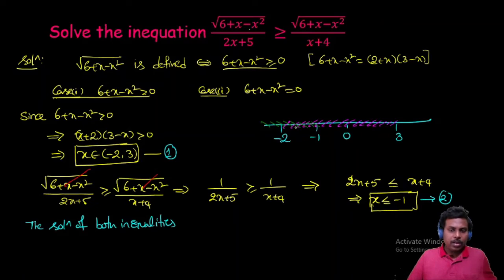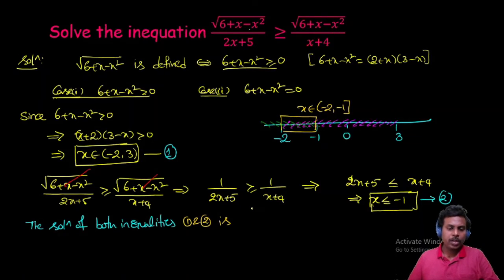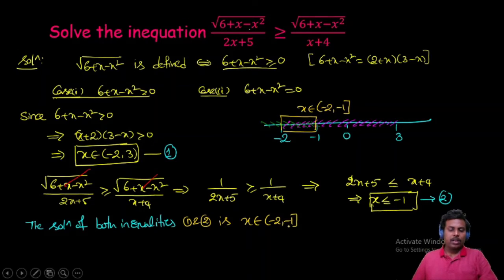Okay. So what is the common region here? This is the common region. So where does x belong to? X belongs to minus 2 to minus 1 closed. Okay. So the solution of both the inequalities 1 and 2 is x belongs to the interval minus 2 open, closed minus 1.